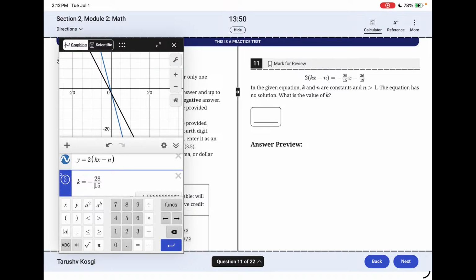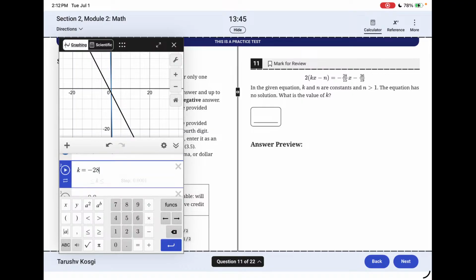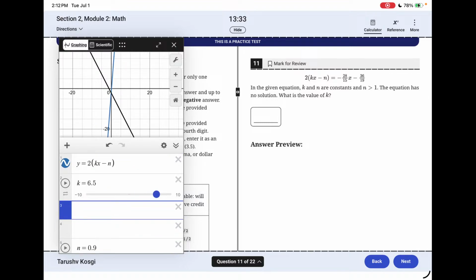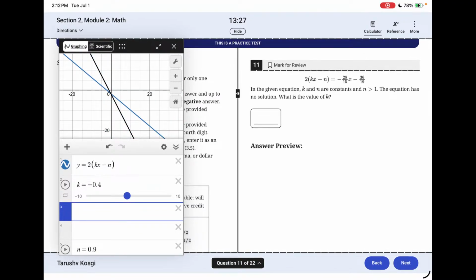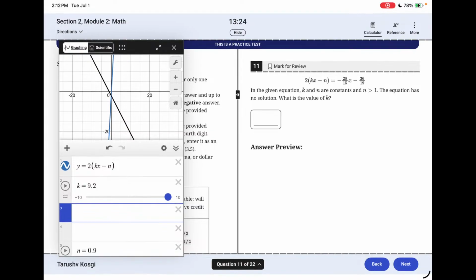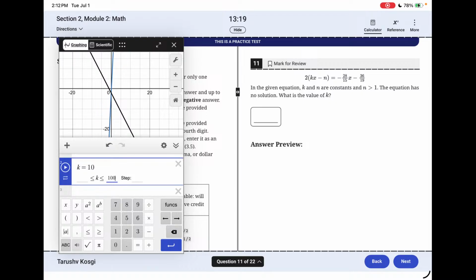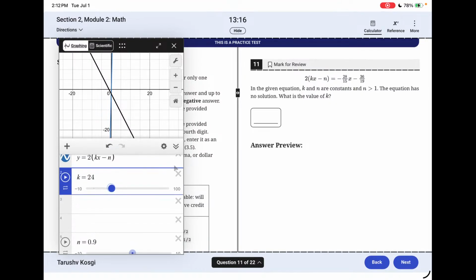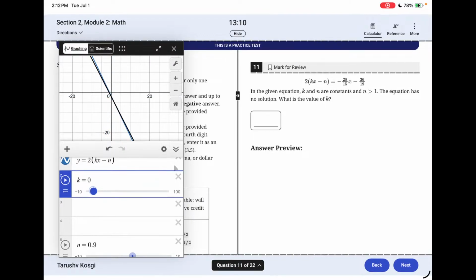No. So it seems k can't really go past that.